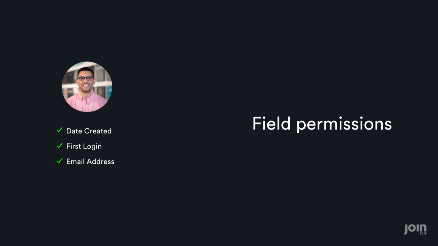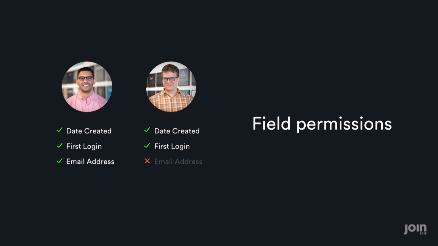Let's say I have one user in my organization, and I've written a model for this user that gives him access to some customer data. User number 1 has access to a date created field, a first login field, and an email address field. This works great. User number 1 is very happy. But let's introduce a second user.